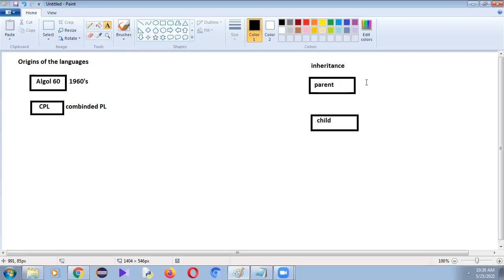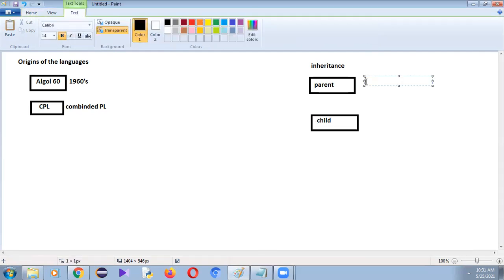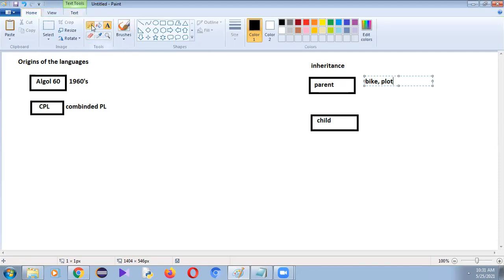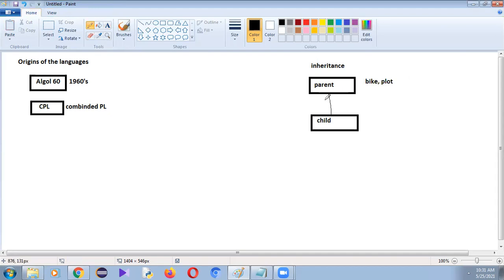Assume that the assets earned by the parent are bike and plot. If the parent gives all his assets to the child, then only we can say that child is inherited from the parent.